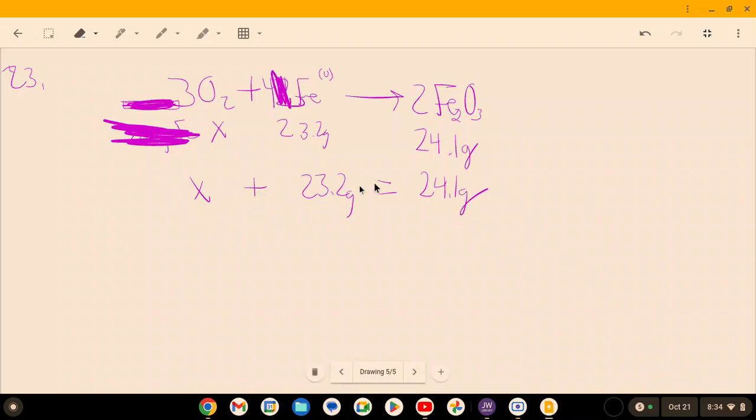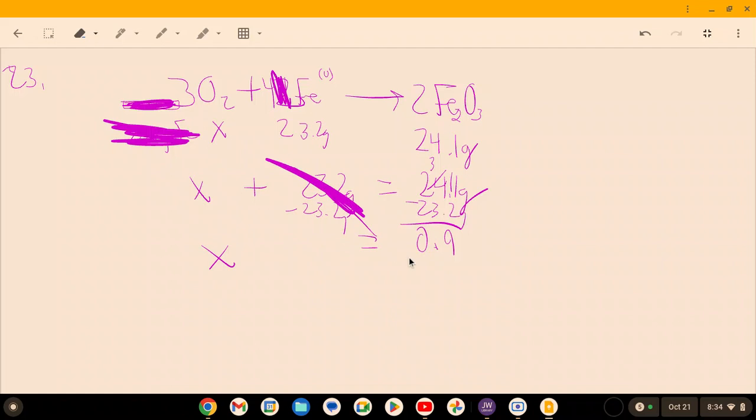Little algebra, subtract 23.2 from each side. That becomes 0, and this becomes 0.9. X equals 0.9 grams. And that's how much oxygen you have. O2 added. Cool.